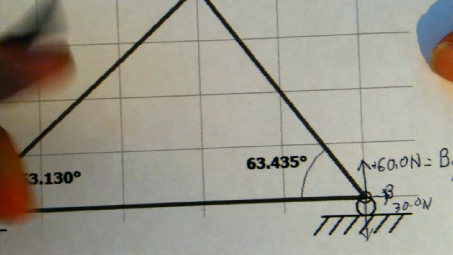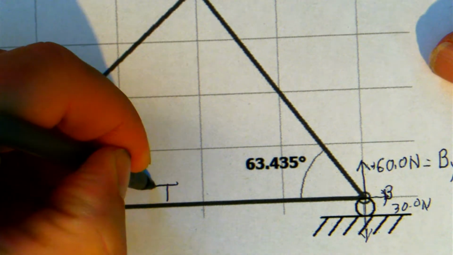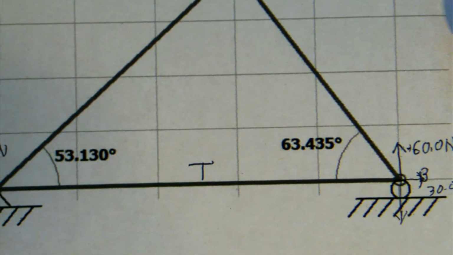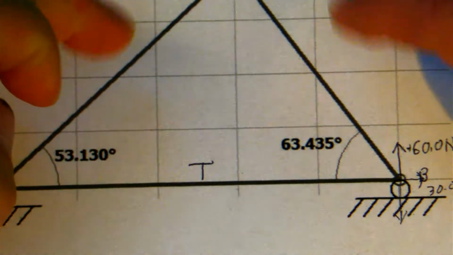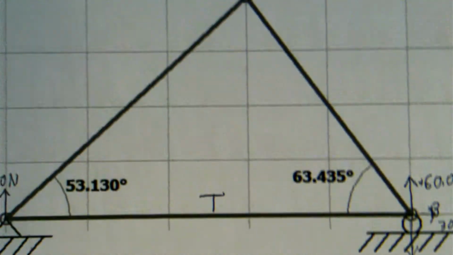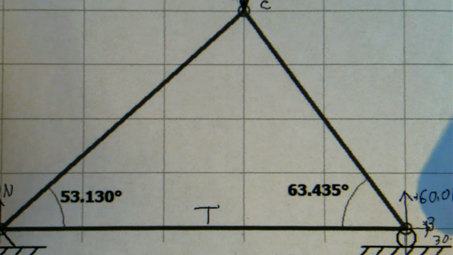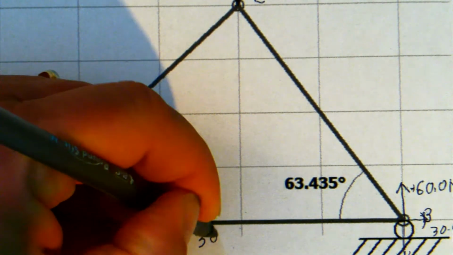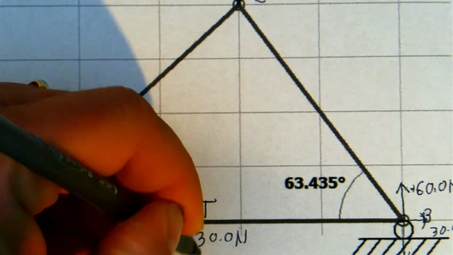So this member here is under tension. It's pulling in on both sides. It's pulling A and B together. So it's being stretched by the other two members, trying to stretch it apart. Member AB is trying to pull it back together. And the magnitude of this tension must be 30 newtons of tension.